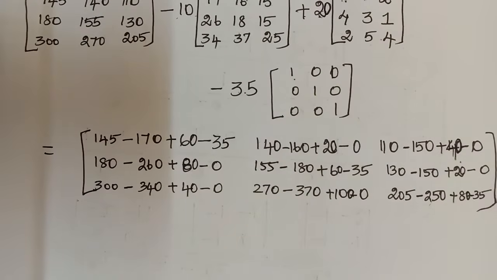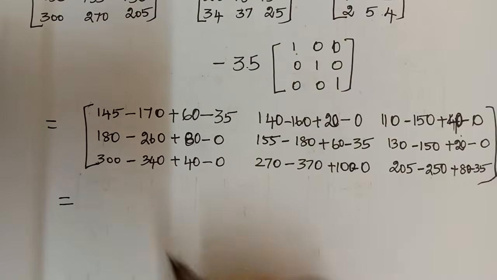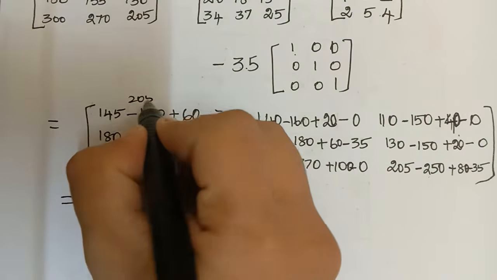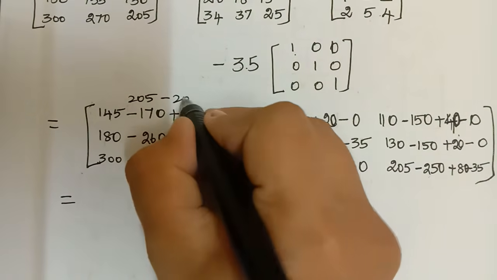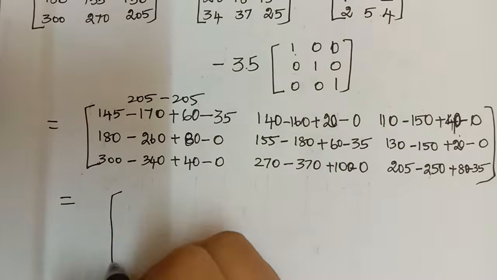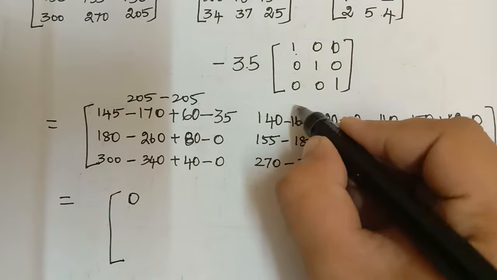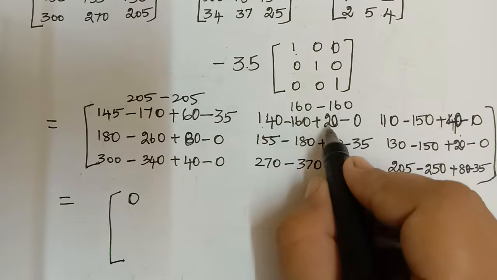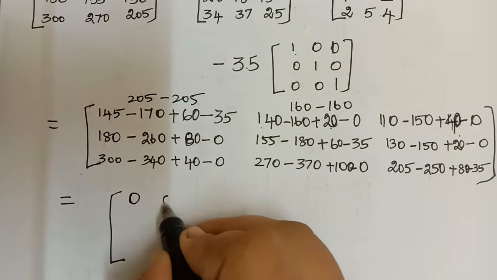Fine. So now after doing this, the next step will be, we observe that this is 145 plus 60 is 205, minus 170 plus 35, which is again 205. So it is actually 0 here. So similarly here it is 160 minus 160, because 140 plus 20 is 160, minus this 160, and so again it is 0.